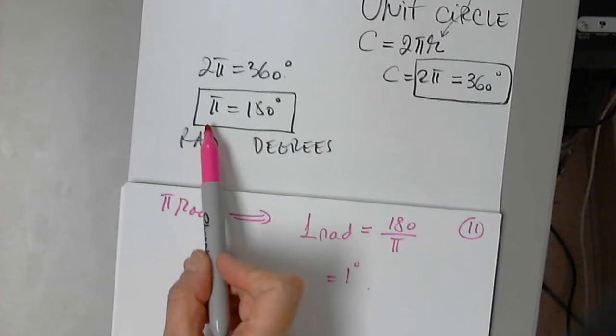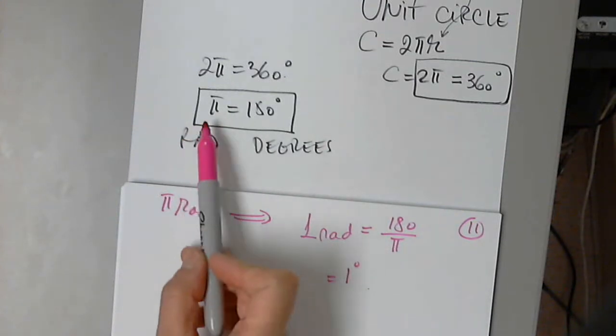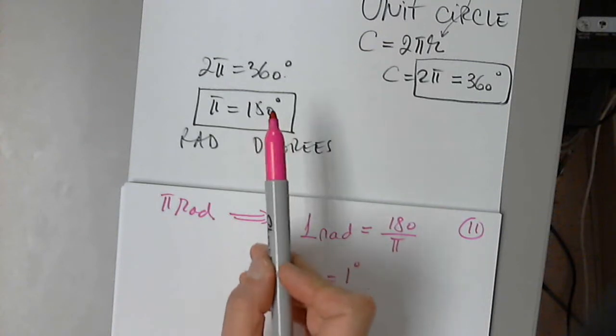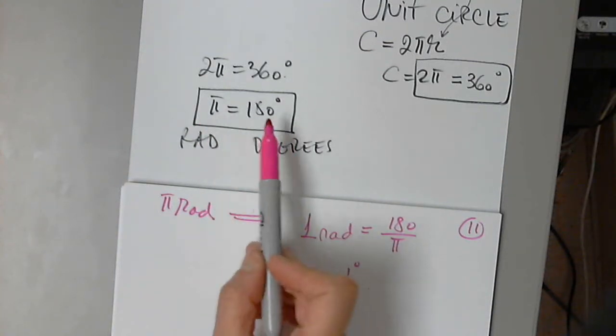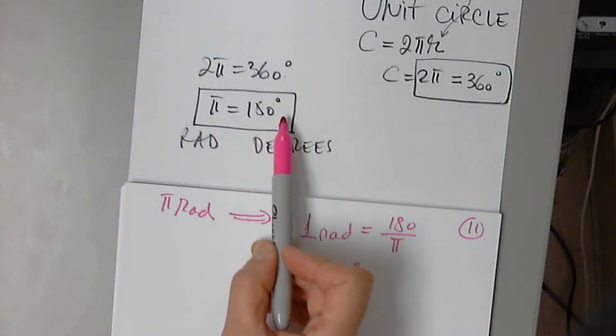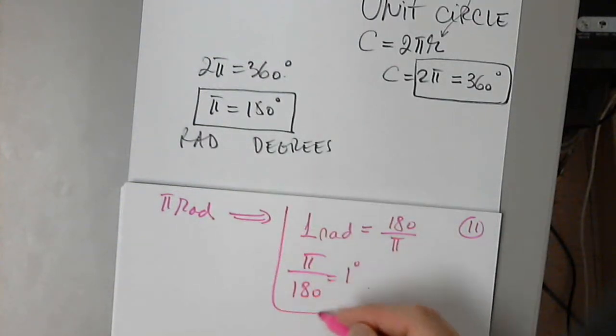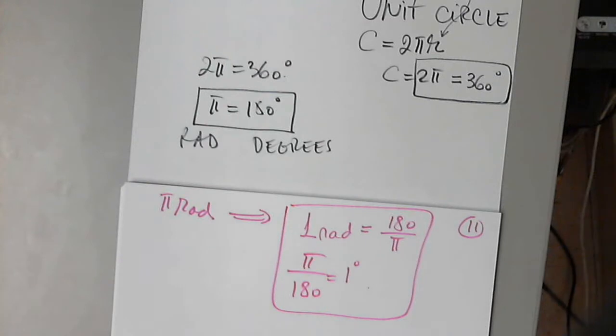Here I had pi radians. In order to determine 1, I divided both sides by pi. Now I have 180 degrees, but I want just 1 degree. What should I do to both sides to get 1 degree? Right, exactly. So this is the relationship whenever you need to change 1 radian into degrees and when you want to change 1 degree into radians.